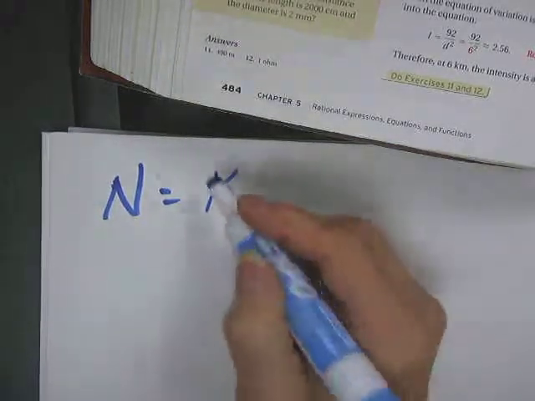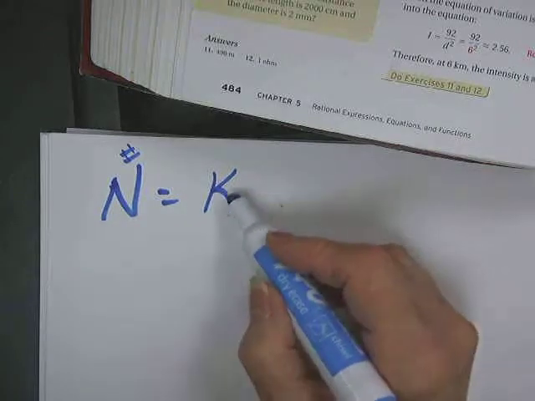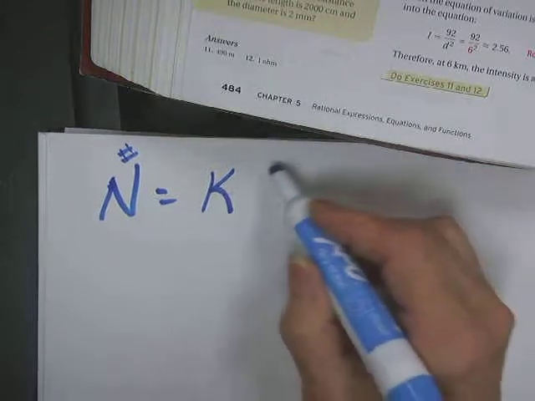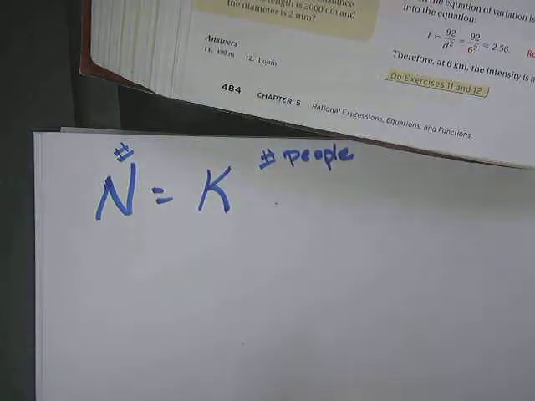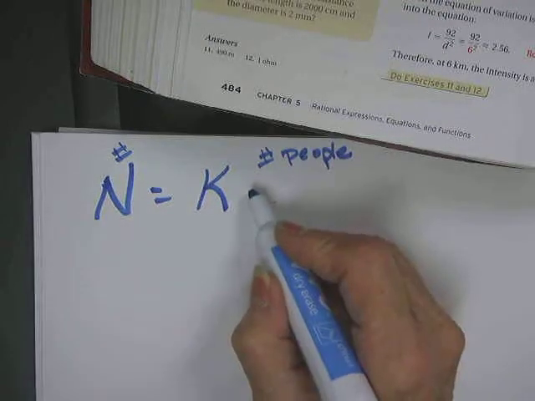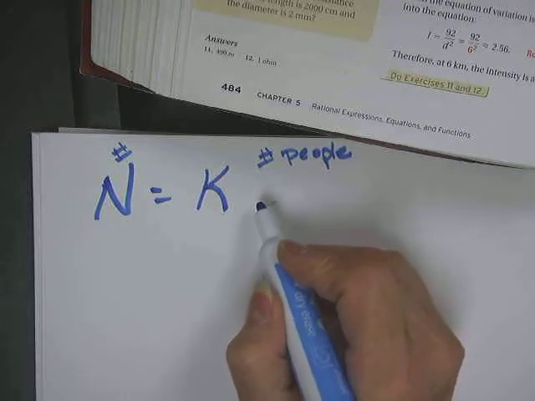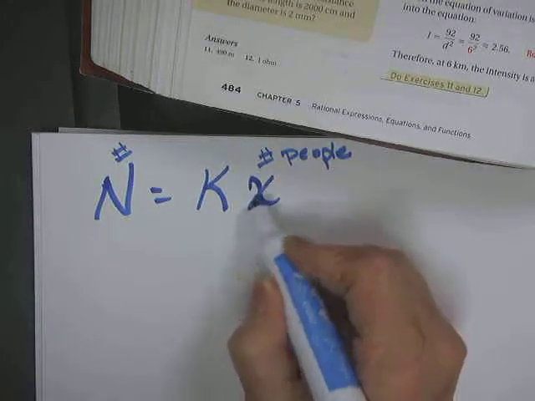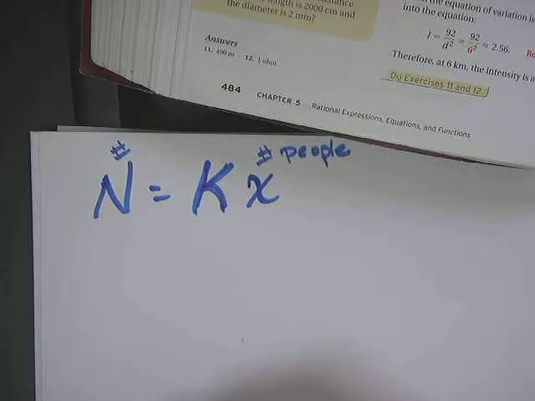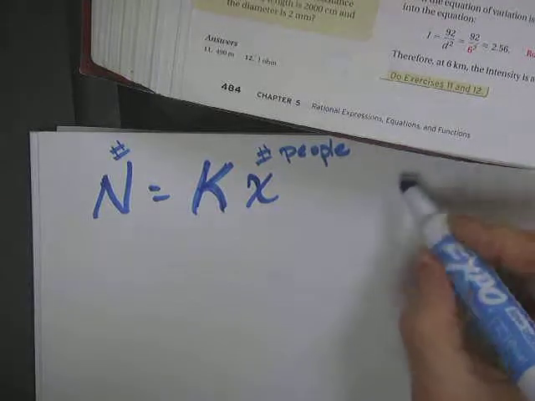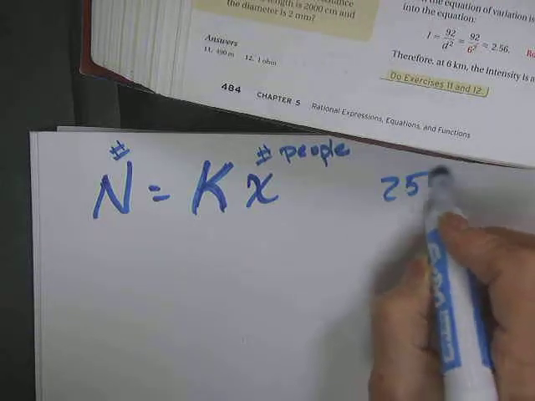So the number of cans varies directly as the number of people using the cans. You want to use X here, so it's closer to what we're used to, or we could put P, whatever. The K you need there, that's our constant.